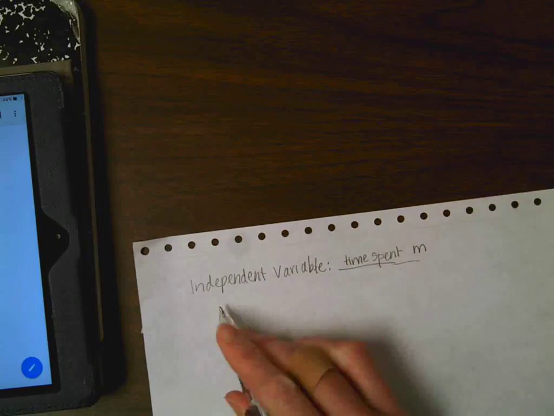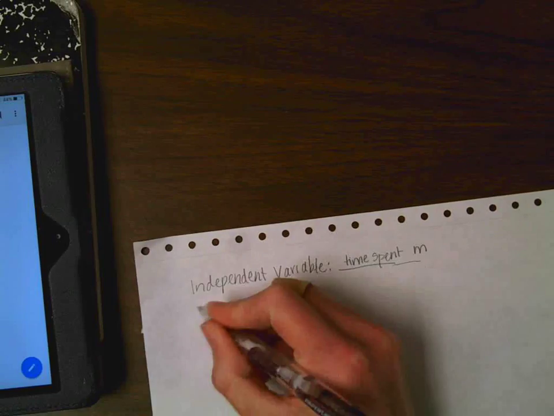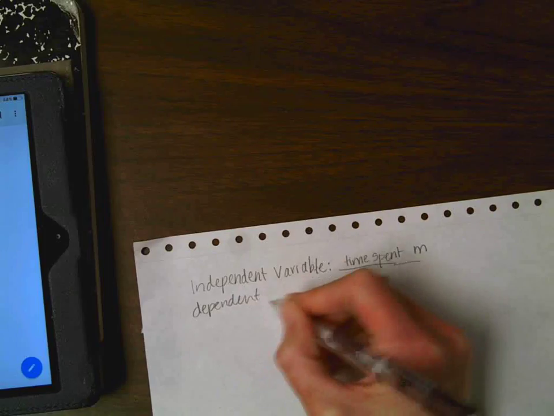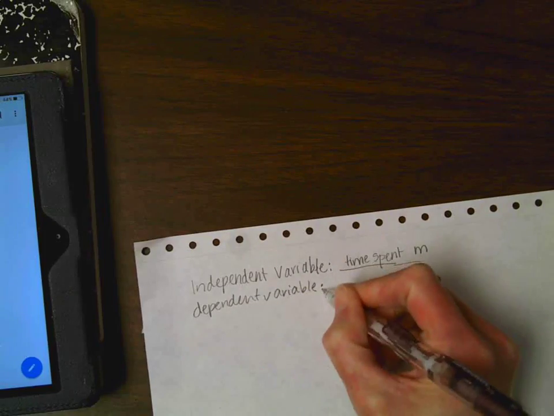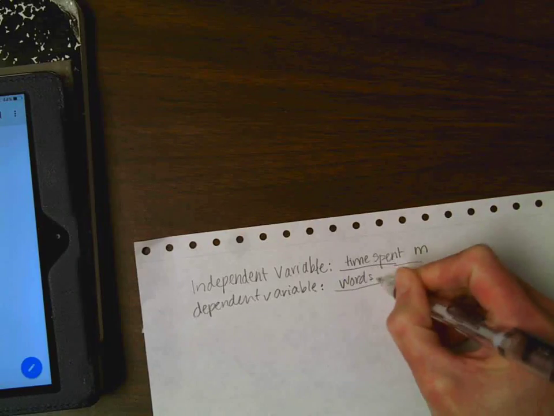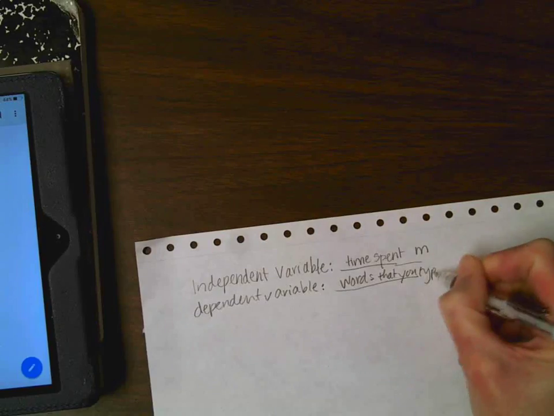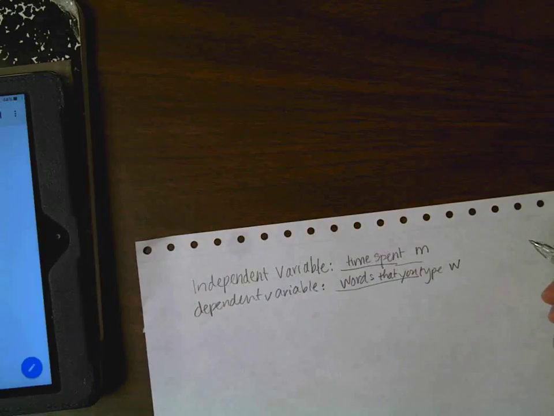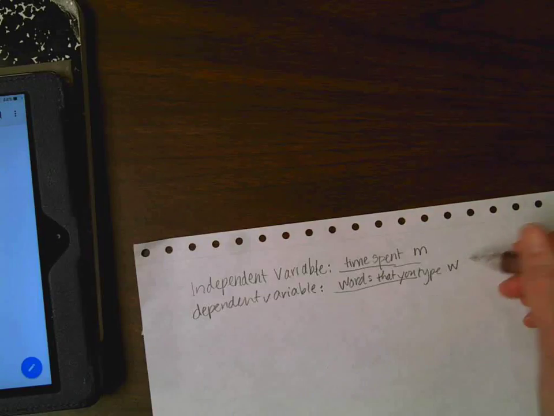So the independent variable is M. Our dependent variable, well, we only have one other choice, is the words that you type. And so the variable is going to be W. So we figured out the independent variable and the dependent variable.